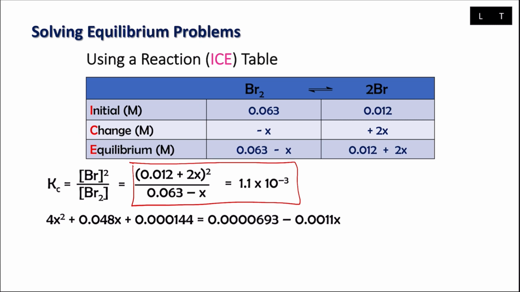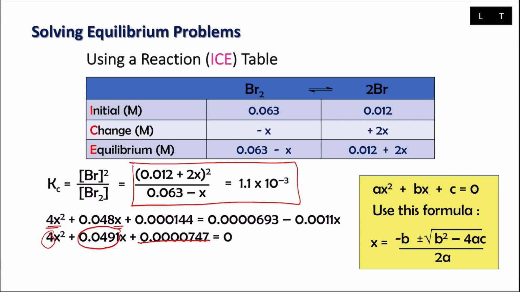Tapi saya akan kumpulkan semua nilai yang ada X square satu tempat, yang ada X satu tempat dan selebihnya nombor-nombor satu tempat equals to 0. This is how you write down the quadratic expression. Dan sekarang saya ada nilai A, saya ada nilai B dan saya ada nilai C. And you can use the value mengikut AX square plus BX plus C untuk cari nilai X.